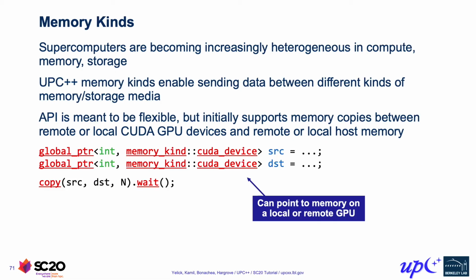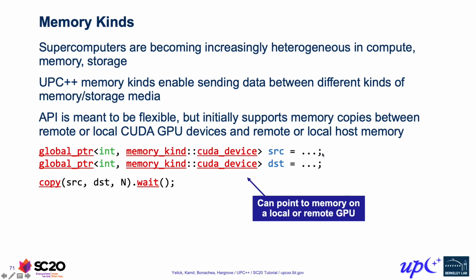Another feature that UPC++ provides is the ability to copy between device and host memory, and in fact any combination of local or remote host or device. So this is for machines that have, for instance, GPUs or other accelerators. Currently we support CUDA devices, and so we have a version of a global pointer that's parameterized by the device kind, and in this case it's a CUDA global pointer.